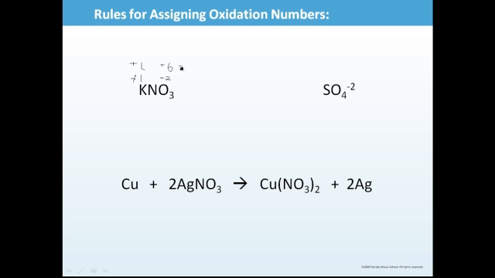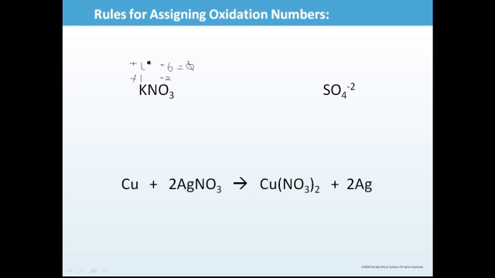Now, remember, we have to make the algebraic sum equal the charge of the compound. Well, in this case, it's a neutral compound, so we have to equal 0. So if I have a +1 and a -6, if I add those together, I end up with -5, right? 1 minus 6, -5.